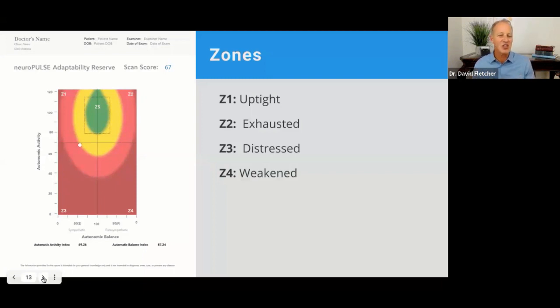Zone 2 is an exhausted state. And typically what it means is you might think, well, I think that we're a little parasympathetic dominant, and that's good. What you're really seeing in zone 2 is that they are sympathetic insufficient. And you're thinking, wait a minute, how can you be sympathetic insufficient when you are wanting to always re-engage this?